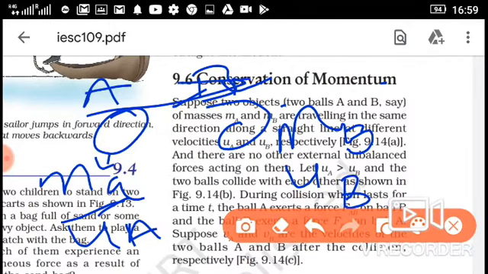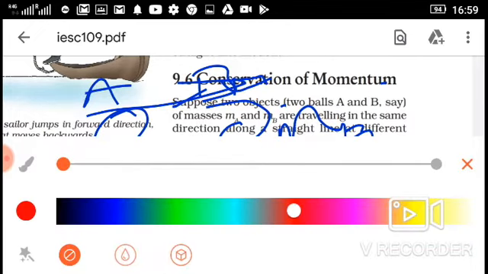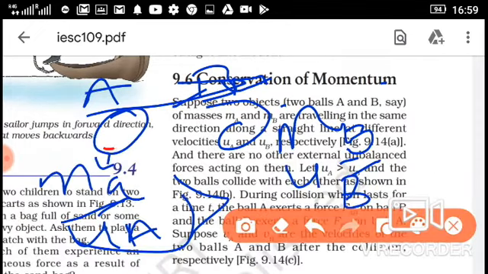They are moving in the same direction, and UA is greater than UB, so this red ball's speed is more than ball B's. So they will collide, and when they collide, they change their velocity, so momentum will also change.